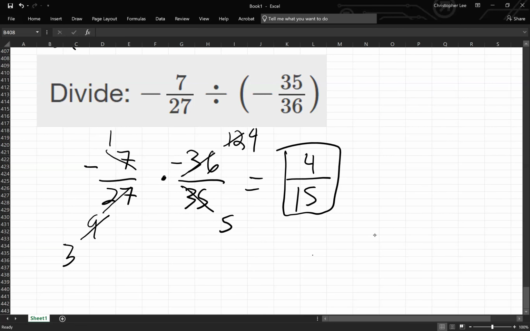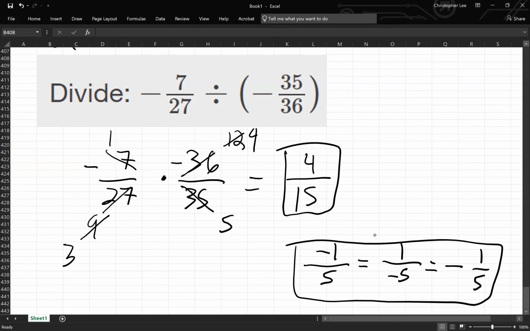If I have -1/5, or if I have 1/-5, they're all the same. It all means the same kind of idea. But if you only have one negative in this equation, then... oh yeah, it's all the same. Thanks. You're welcome.